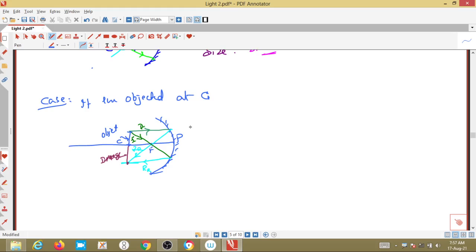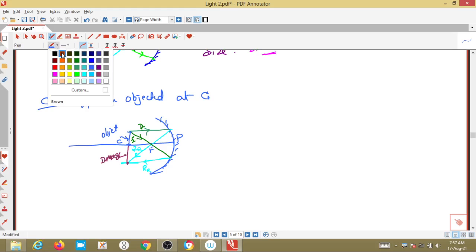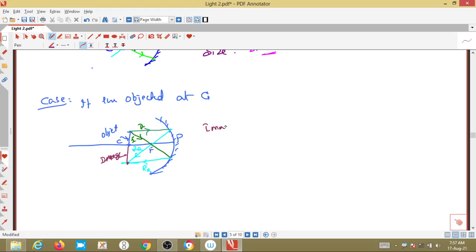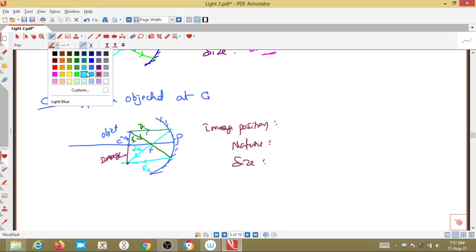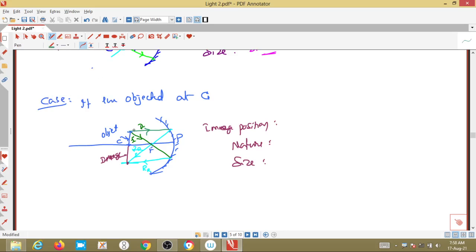Okay, now we will go to the conditions. What did we get now? Image position first, right? Position of the image, then the nature of the image, then size. Try to understand here: as the object is moving towards the mirror, the size of the image is getting enlarged.